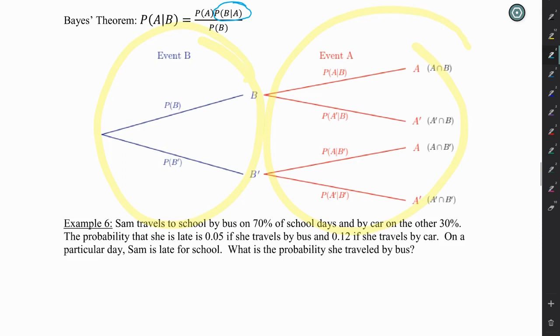So this tree diagram is backwards from the formula. The best way to do this, rather than changing the entire tree diagram, is to make the formula match the tree diagram.